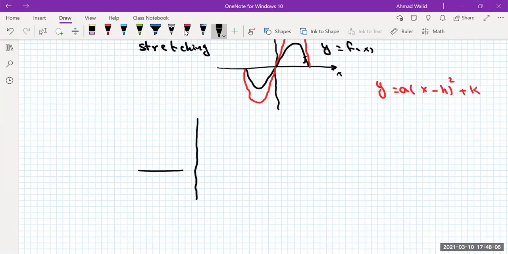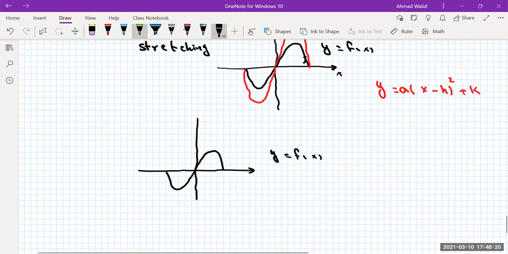If I draw here another function for you, same thing. If this is y equals f of x, if I multiply my function with a negative number, I will see this blue one.